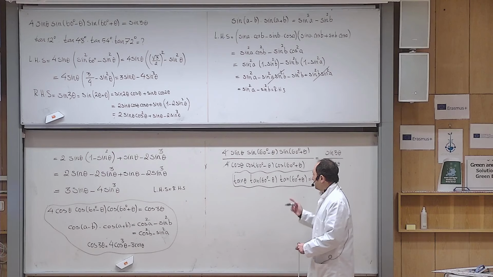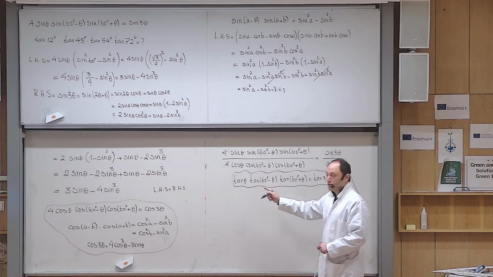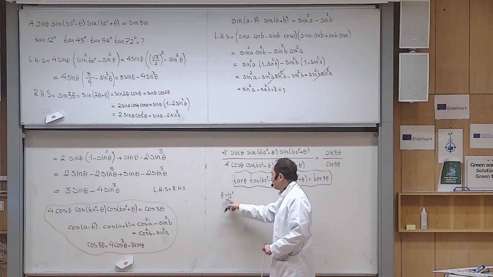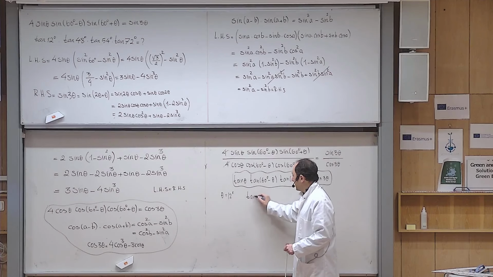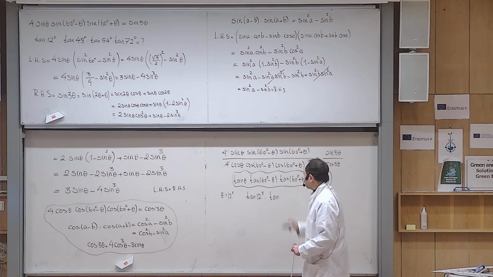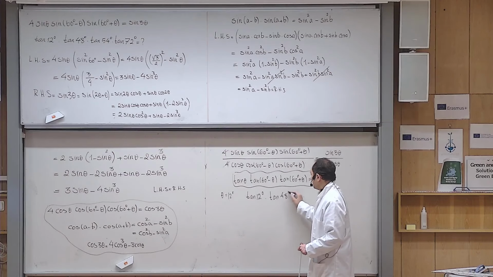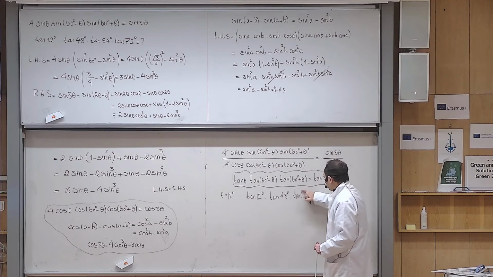Okay, now because this is an identity, it is valid for every choice of theta, including theta to be 12 degrees. So if I choose theta to be 12 degrees and put it here, it becomes tangent 12 degrees multiplied by tangent 60 degrees minus 12 degrees, which is 48 degrees, multiplied by tangent 60 degrees plus 12 degrees becomes 72 degrees.